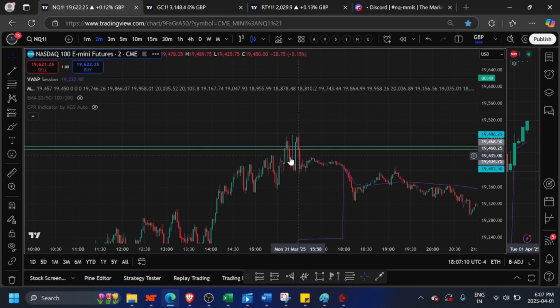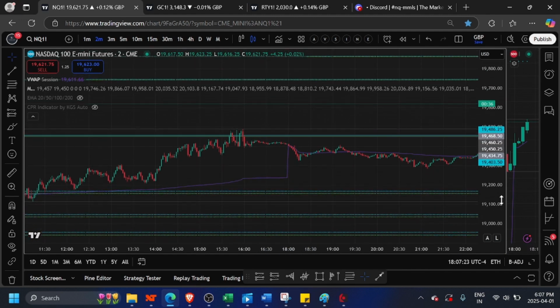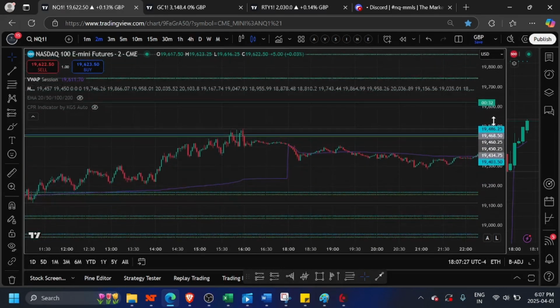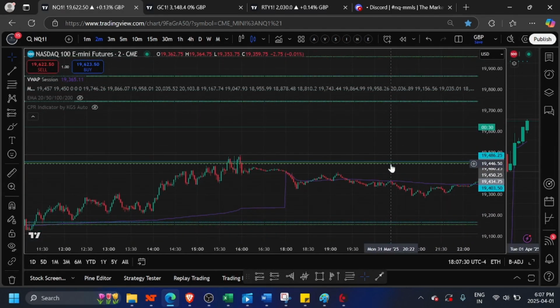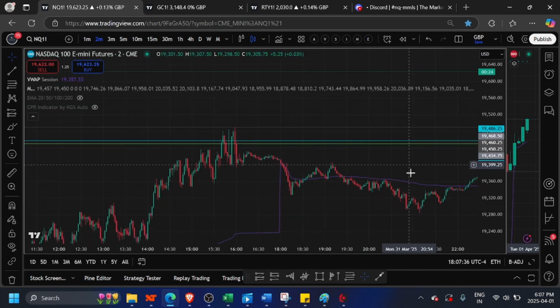The green level wasn't available at that time, and then it just closed and hovered around that level. After the Monday close, I gave the green line levels. You can see there are some green line levels now as well. On Monday we just had blue levels, so all the levels stay until the end of the week. Monday's blue levels will stay, and we will add the Tuesday levels as well.